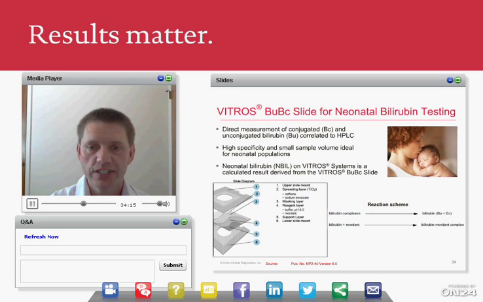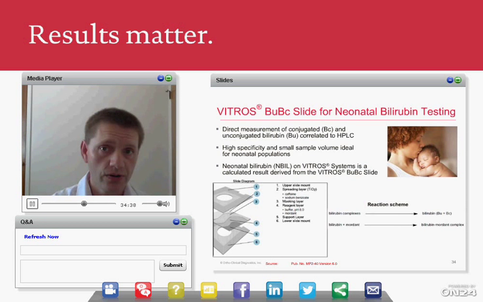Now, one difference between this and a T-bil assay is that the spreading layer on, for instance, the T-bil slide contains a chemical that actually releases all bilirubin from albumin. In the case of the BBC slide, bilirubin that's tightly bound to albumin, which is a subset of conjugated bilirubin, will not actually enter the slide.